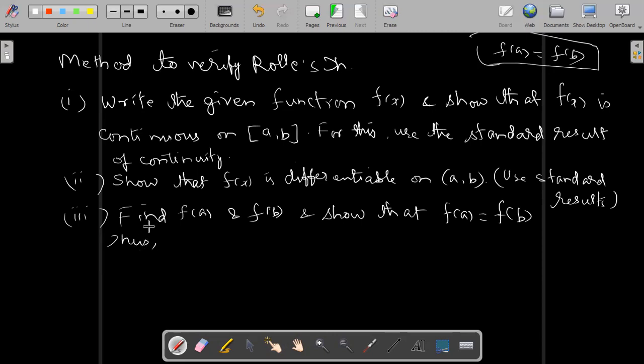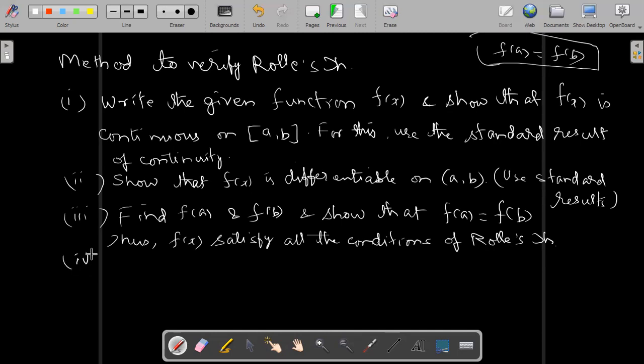Then you will write: thus f(x) satisfies all the conditions of Rolle's theorem.